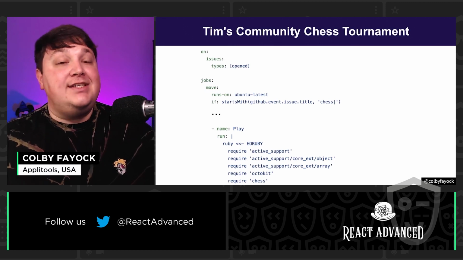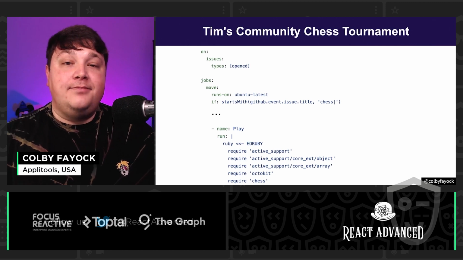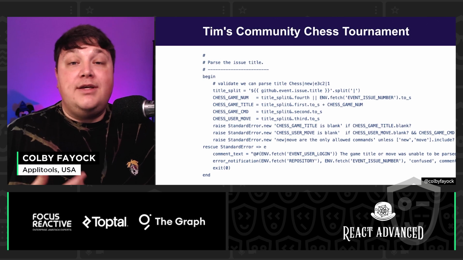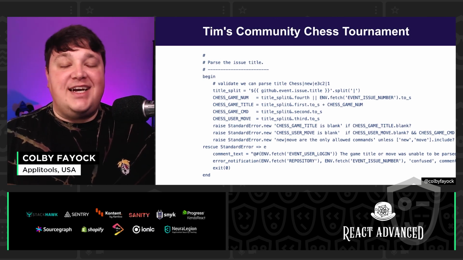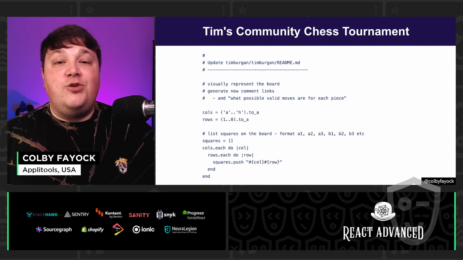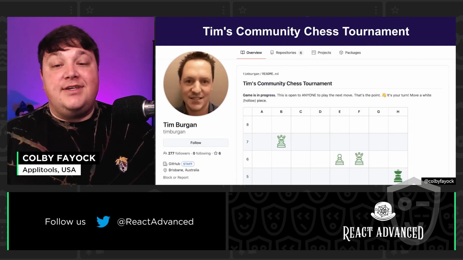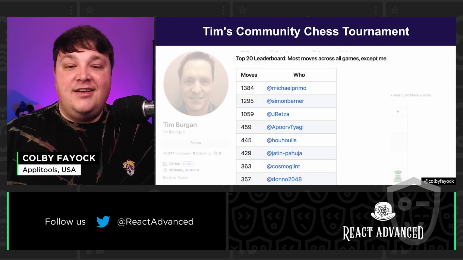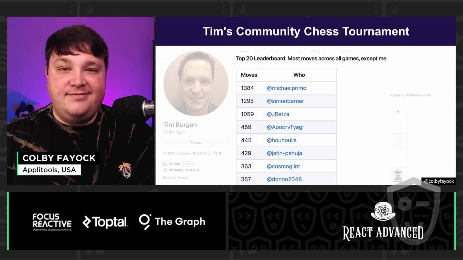Once that action sees the open request, it ultimately runs a Ruby script to set up that play, including actually parsing that title of the issue where you're actually seeing where that next move should be, along with a ton of other stuff inside of that script that I'm not showing here. But as well, it's also going through and updating that README with the new move, where after the move is actually accepted, it will show up right on Tim's profile. And if you're persistent enough with all your moves, it might show up even on the leaderboard.